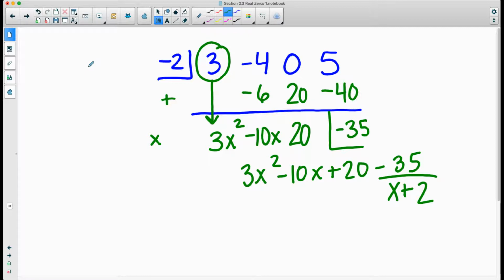Any questions on that so far? We're going to do some more examples of synthetic division because that's mostly what we're going to be using, because that finds the zeros of the function for us, okay?